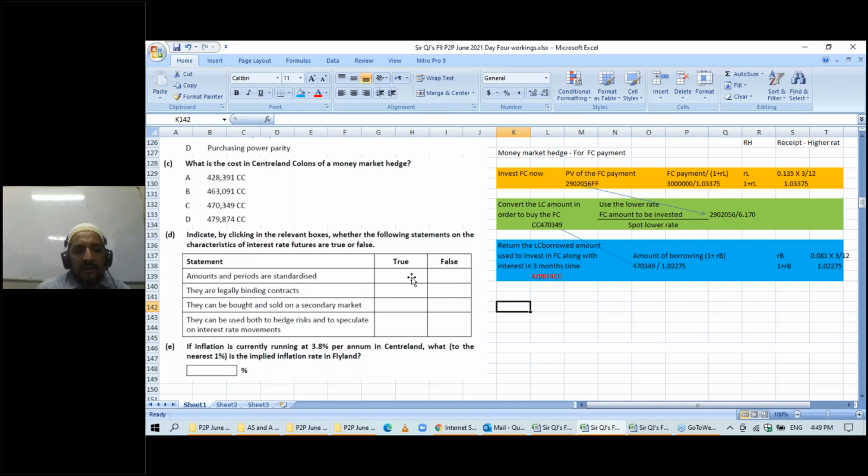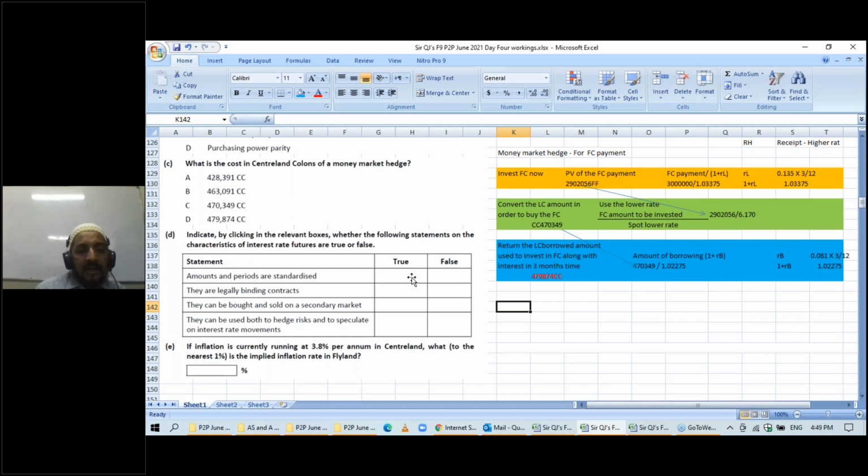Amounts and periods are standardized, so it will be, for example, a 3-month interest rate contract, fixed for a fixed period. They are legally binding contracts, yes. It's only options which are not binding, because you have a choice in options; otherwise all are binding contracts. Then, they can be bought and sold on a secondary market. Yes, the futures market is itself a secondary market, just like the stock market, where you can buy and sell contracts.